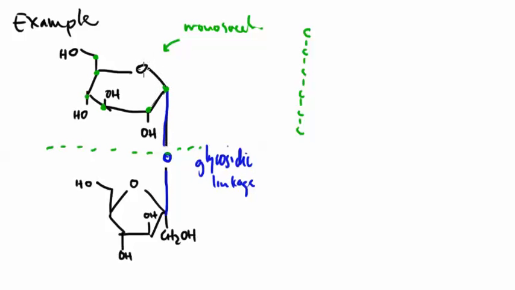So that basically means that this carbon was the carbon that had the carbonyl on it, because that's the one that's attached to the oxygen in the ring. So that means my number 1 carbon was a C double bond O, at least before it made the ring.